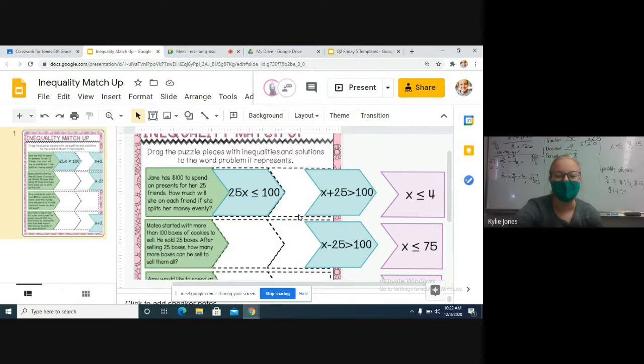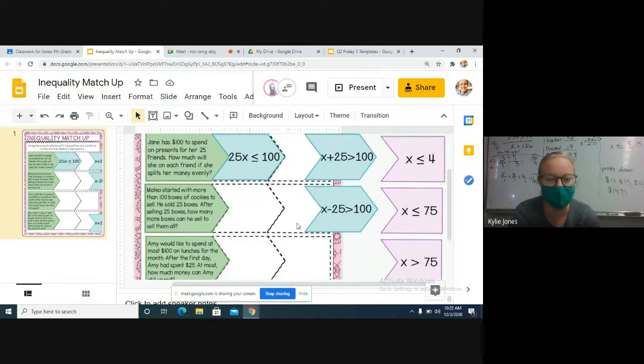Okay, our next one says Mateo started with more than 100 boxes of cookies to sell. He sold 25 boxes. After selling 25 boxes, how many more boxes can he sell to sell them all? So if he started with more than 100 boxes, what does that mean?